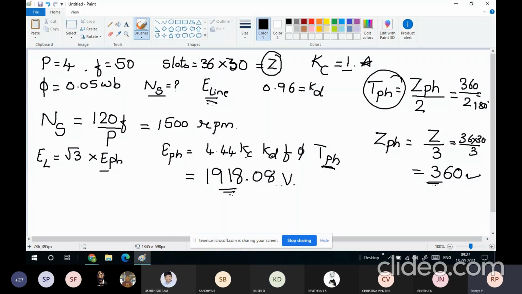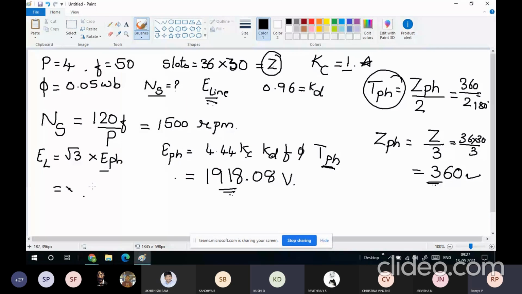What is it that they have asked? They have asked you to calculate EL, right? Calculate EL. That is √3 times E phase. √3 into 1918.08. If you calculate, what is the line voltage? It is 3,322.21.